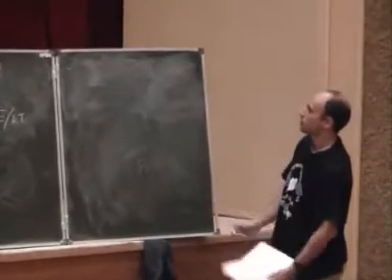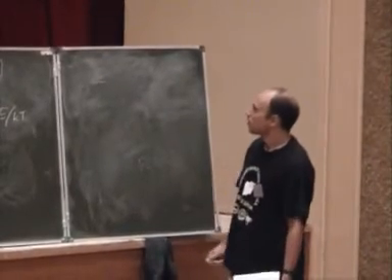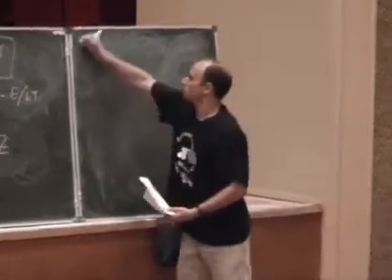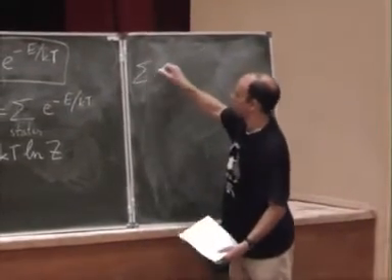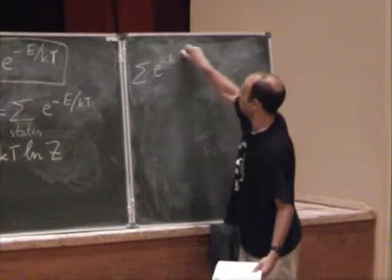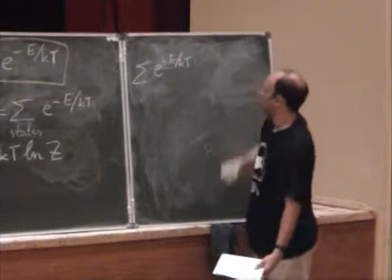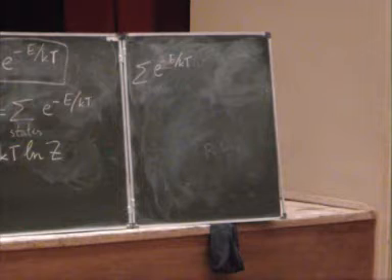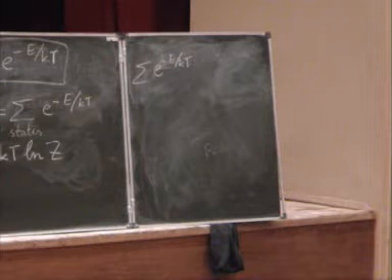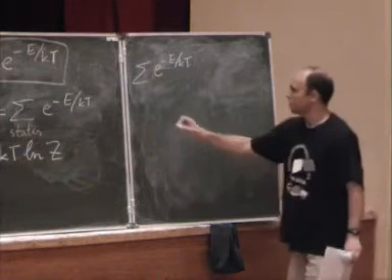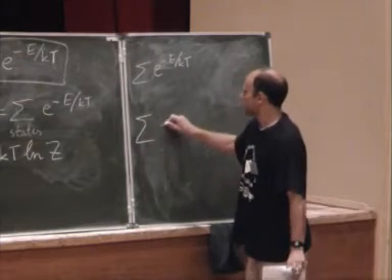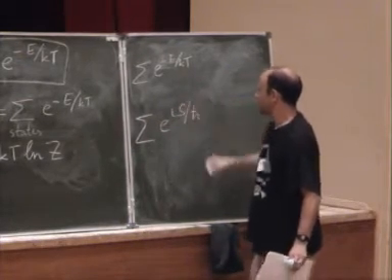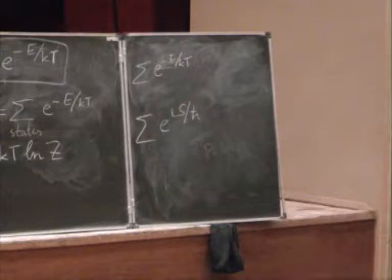Maybe I should write it here. So now I must draw a parallel between this sum over states of e to the power minus E over kT, which is the main object of study in statistical mechanics if we fix the temperature from the exterior, and the sum over all states of e to the power iS over h-bar, which is the main object of study in quantum mechanics.